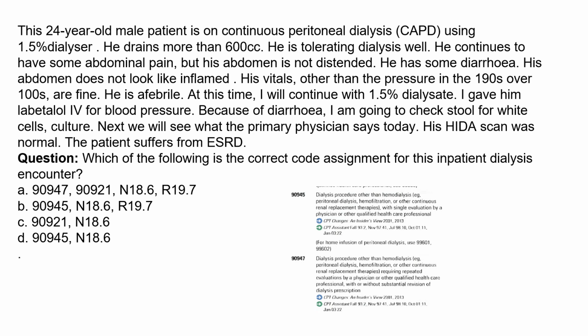this inpatient dialysis encounter? So first thing first is we need to check what is the dialysis. It's a peritoneal dialysis. Then I do not see whether there was an evaluation done or not because there is no word of the reevaluation. So I can eliminate option C and option A because this calls for the reevaluation. So in between B and D, we need to check the code and we need to find out the answer.